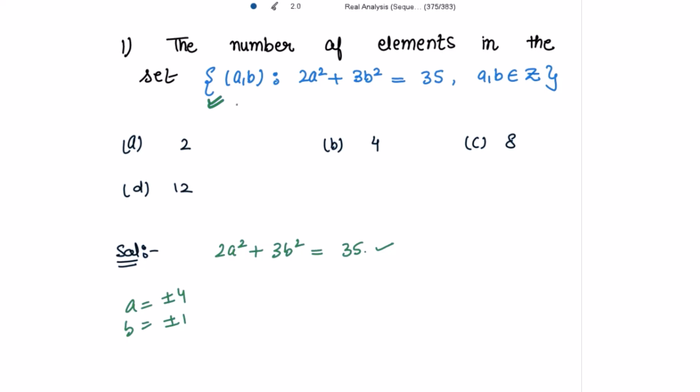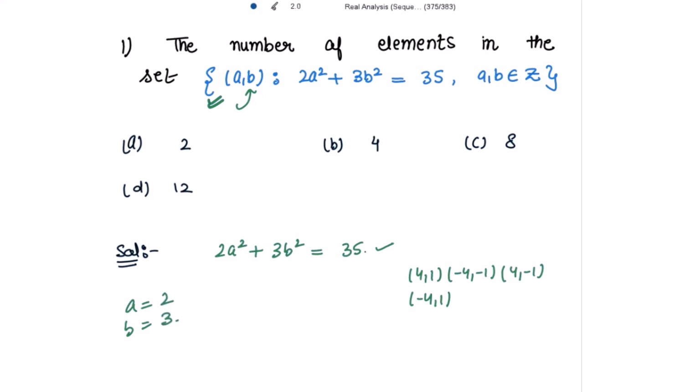So what can be the set? It can be (4, 1), (-4, -1), (4, -1), and (-4, 1). Four sets of values, right? Can there be any other values of a and b such that this equation is valid? Can I take a to be equal to 2 and b to be equal to 3?